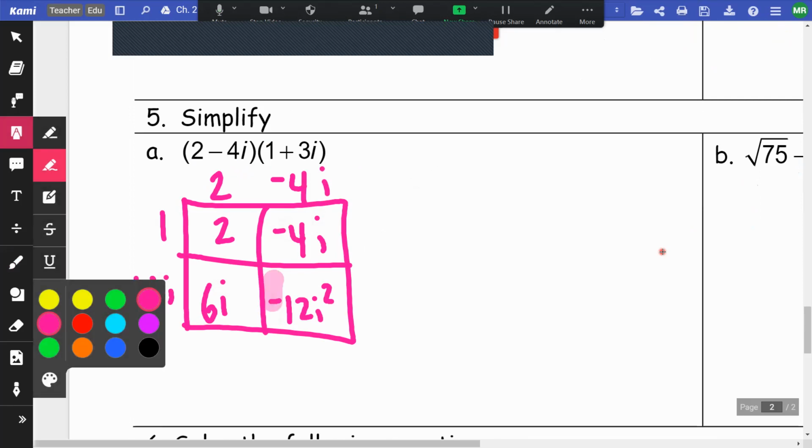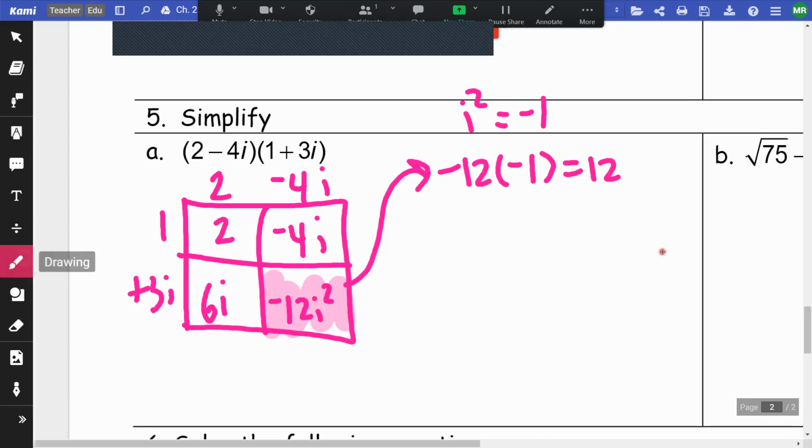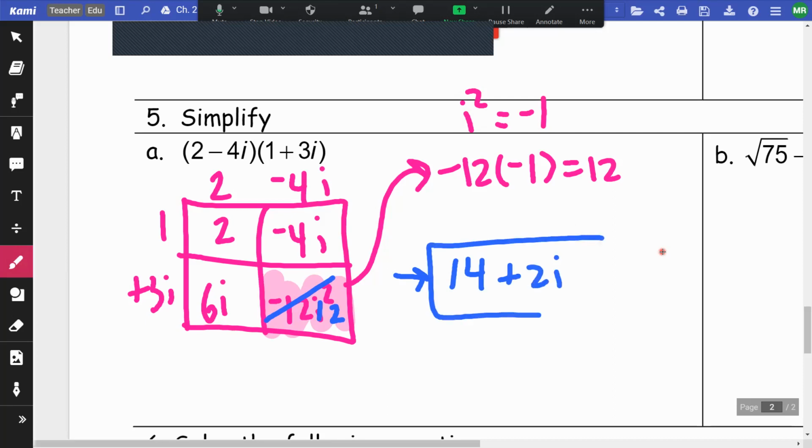Remember, i squared is really a negative 1. So instead of negative 12i squared, I can say negative 12 times negative 1, which is a 12. When I add that up, I'm going to get 14 plus 2i, and that is your answer.